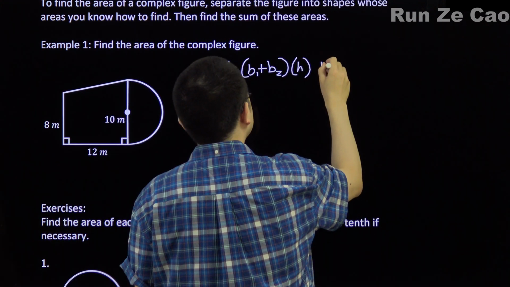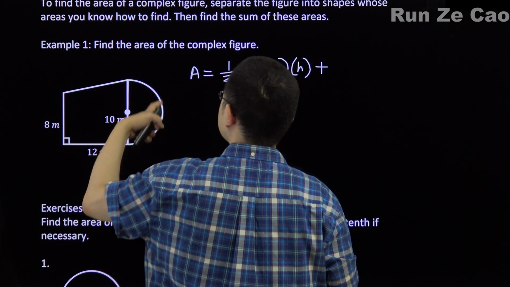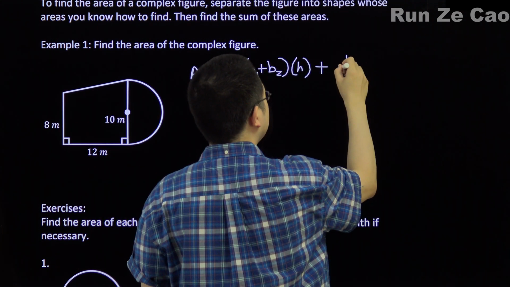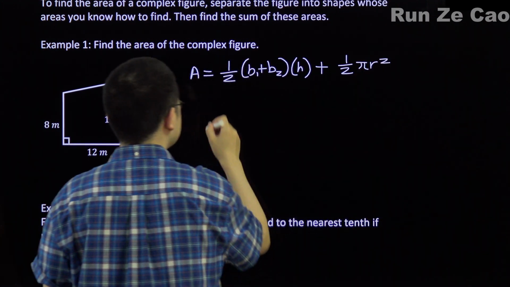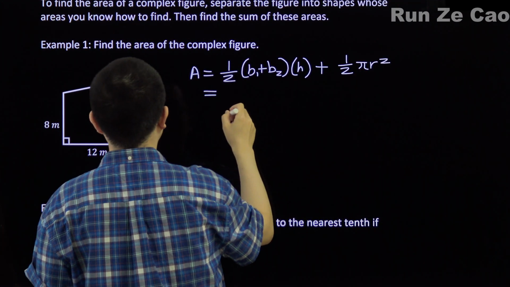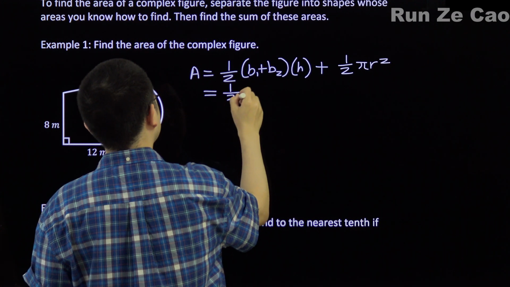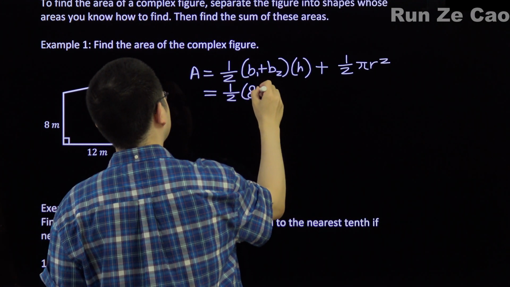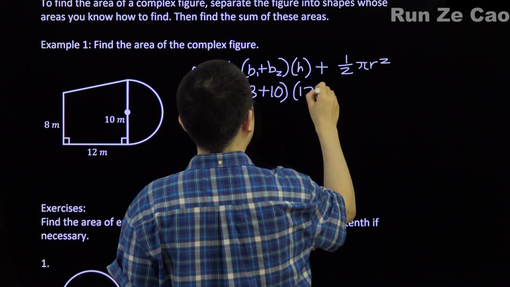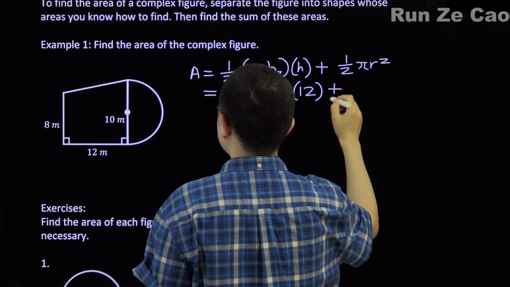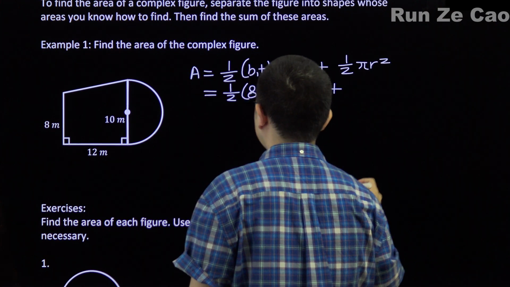And then you add this semicircle, which is 1/2 pi r squared. So we're looking at 1/2 8 plus 10 times 12 plus 1/2 pi r squared.